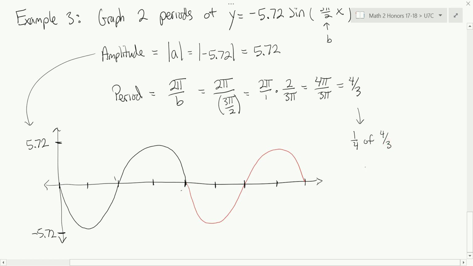In this case 4/3, which is 1/4 times 4/3, or 4/12, or 1/3. And so we are looking at a distance of 1/3. So first tick mark is 1/3, and then 2/3, 3/3, which is 1, and then 4/3, which is one period of our function, and then 5/3, 6/3, which is 2, 7/3, and 8/3. And now we have all critical values labeled.